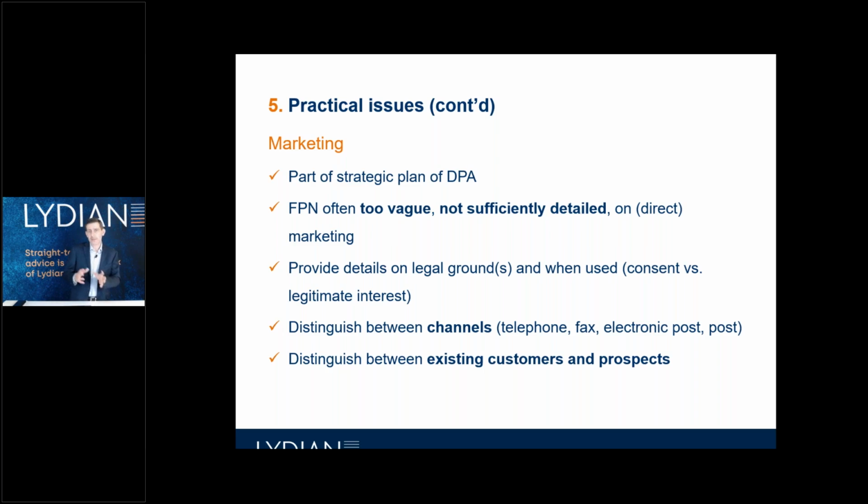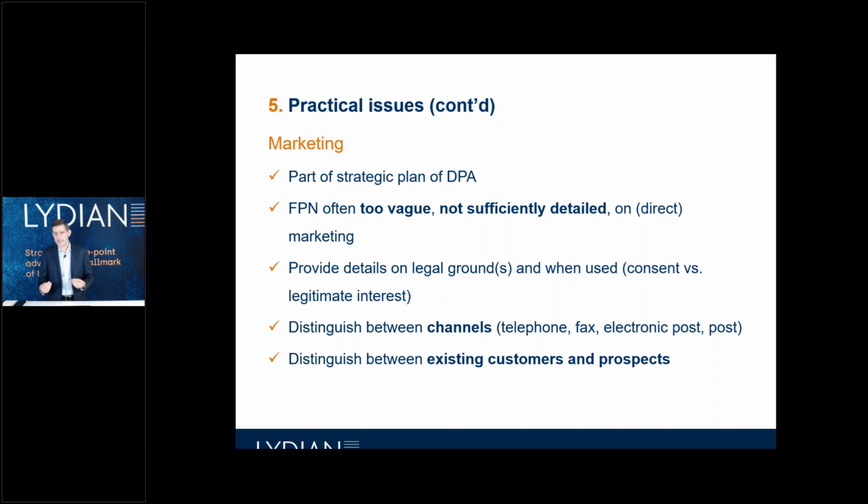especially on the legal grounds, because of course you are aware of the fact that marketing is mentioned in the GDPR as a possible legitimate interest for the data controller. But on the other hand, you have all those specific rules on marketing by email, for example, or marketing by telephone, marketing using automated calling machines, and so on, where you often need opt-in from the data subject.